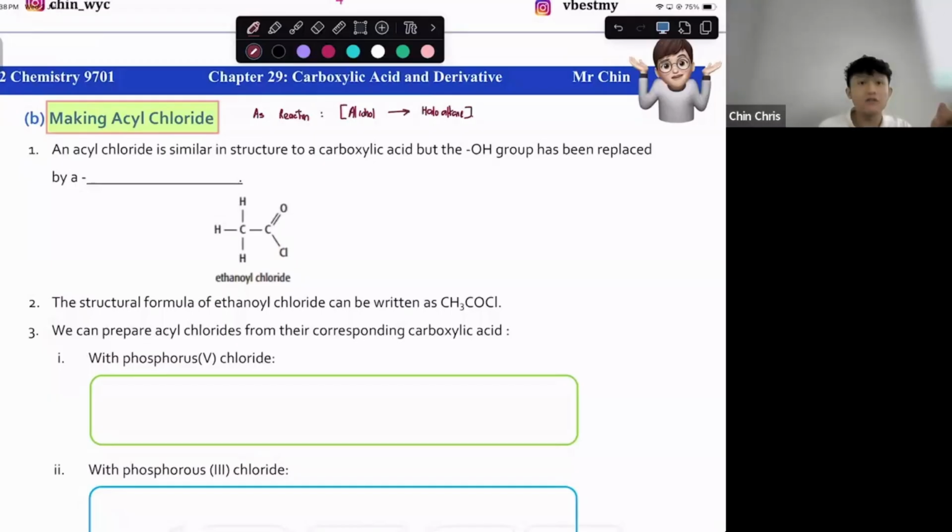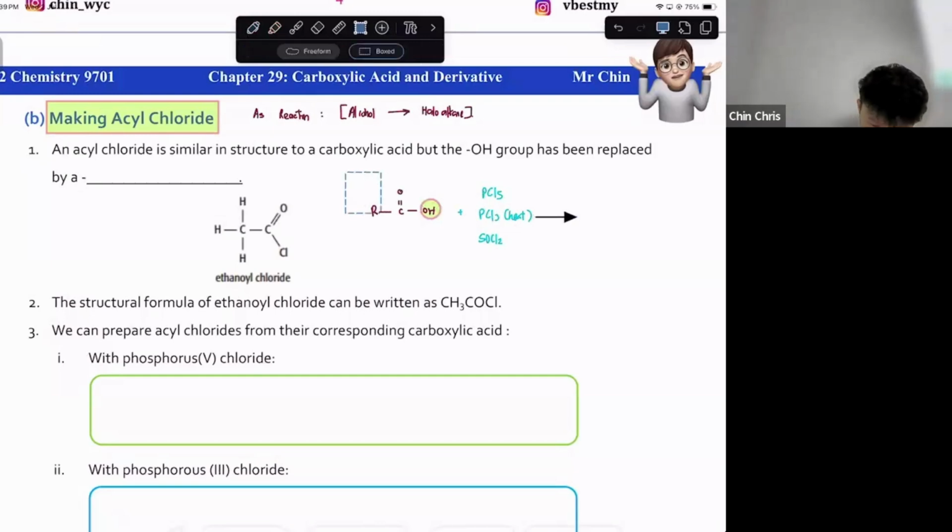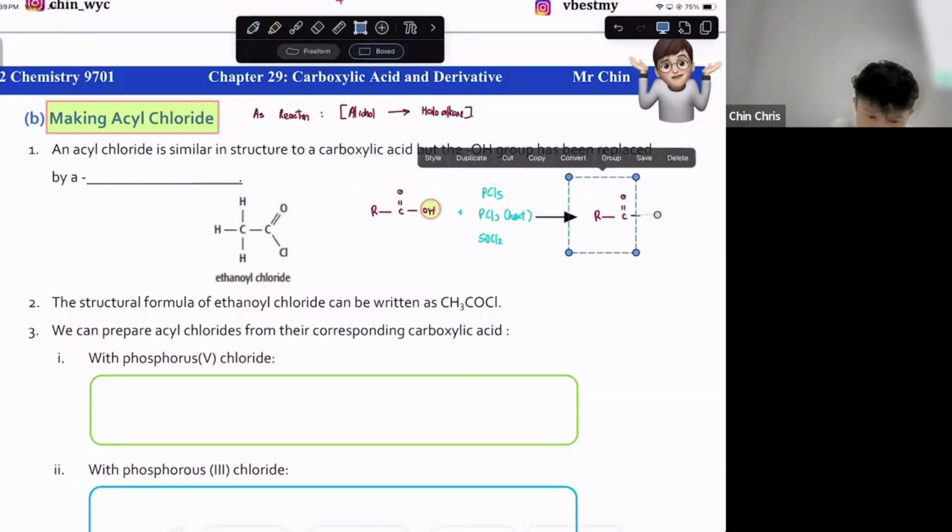You guys should remember that. Lovely. It's the same thing. So basically, guys, your carboxylic acid is like that, right? You have OH. So I can either add PCl5, PCl3 with heat, or SOCl2. So you see, it's just like alcohol. This OH turns into a Cl, that's it.